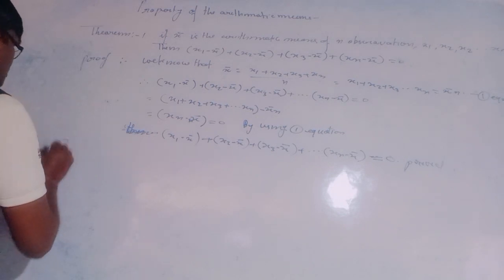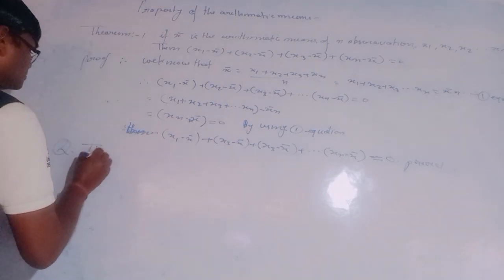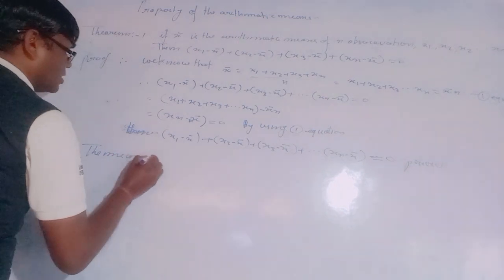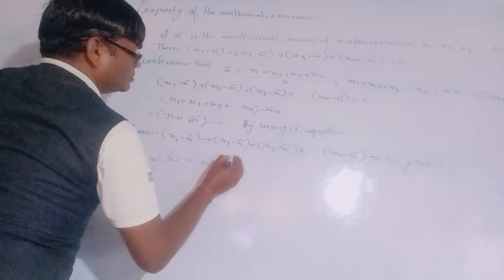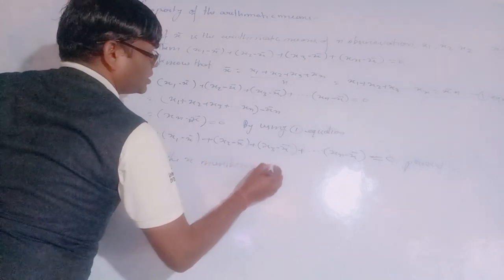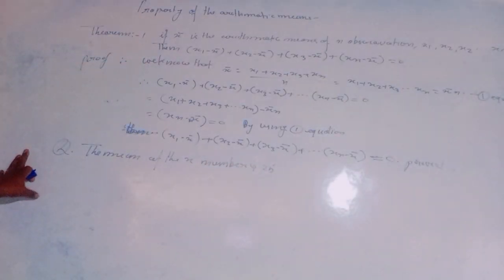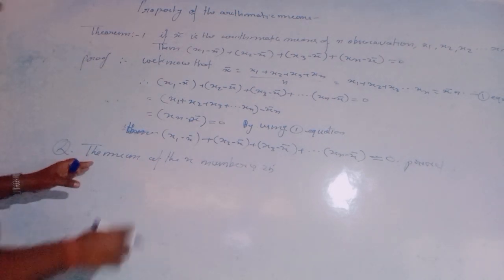Okay, the question is here. The mean of 8 numbers is 25. Got it? It means 8 numbers, not x numbers.